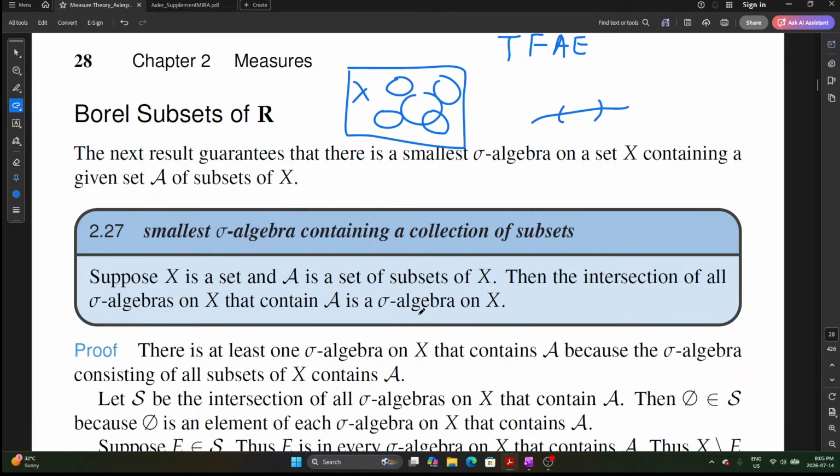Let's consider a sigma algebra that contains A. Such a sigma algebra must exist: the power set. Therefore, we can collectively think of the sigma algebras that contain A as a family of sigma algebras, and then you just take the intersection of all of them. The intersection of all of them guarantees this is the smallest sigma algebra. So that's how you get the smallest sigma algebra.